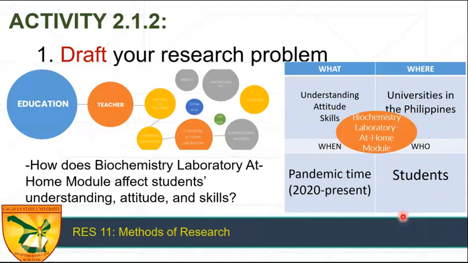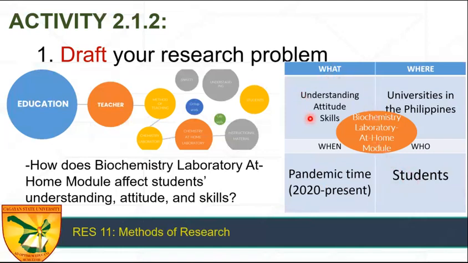So what then is my research problem as a whole? How does biochemistry laboratory at home module affect students' understanding, attitude, and skills in the universities in the Philippines? So I already have my students there.